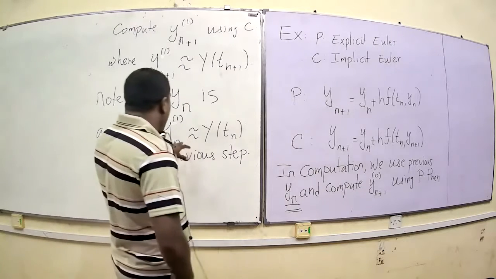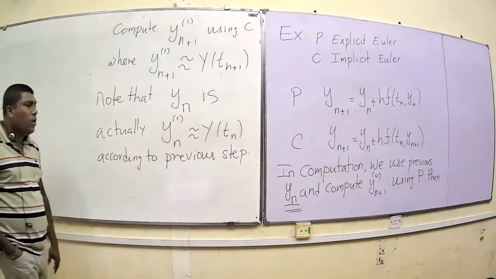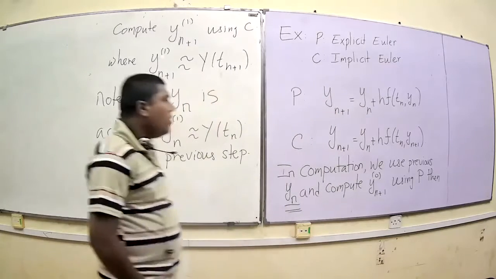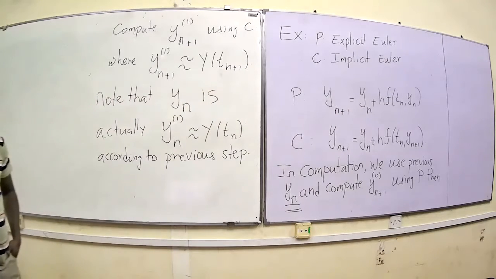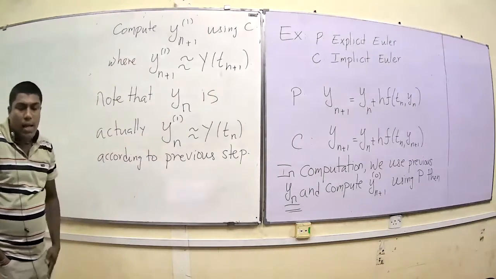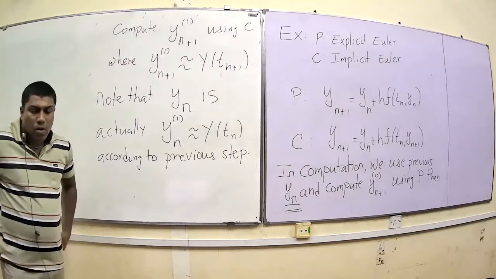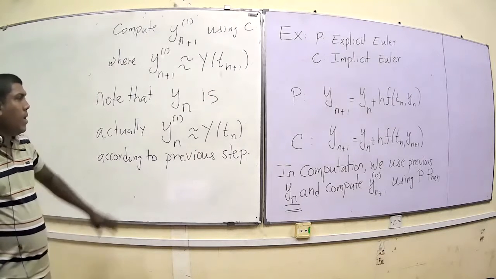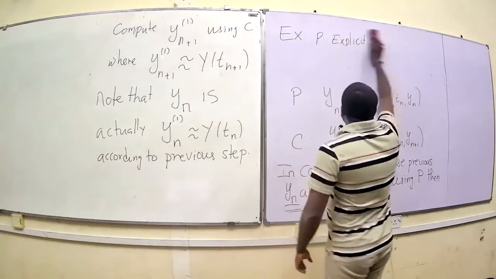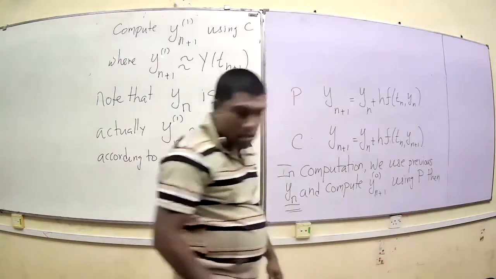So whenever I am using yn1, you should know that it is the previously computed value, and yn plus 1 0 is the intermediate value which we have by using the predictor method, and yn plus 1 1 is the computed value or the approximation at this step. That is how my notation is going to be in this computation. Then this is how I can rewrite my predictor notation.